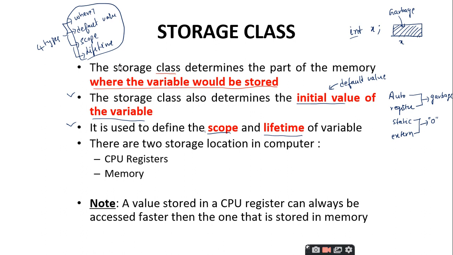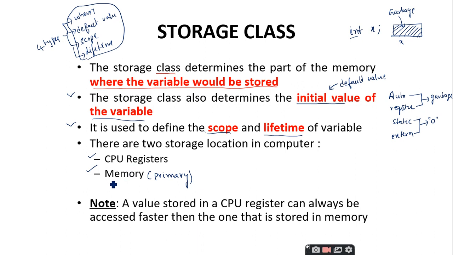So if somebody asks you what a storage class is, it gives information related to the variables: where it is being stored, what is the default value, scope and lifetime. As I told, there are two storage locations in a computer, one is the CPU registers and the second is memory, which is always treated as the primary memory.